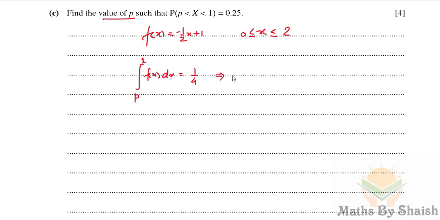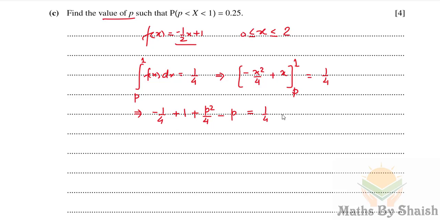So the integration would be minus x squared upon 4 plus x, limits from p to 1, equal to 1 over 4. After putting the limits we get minus 1 squared over 4 plus 1, and minus the lower limit, so minus minus becomes plus, p squared over 4, minus p, equal to 1 over 4.